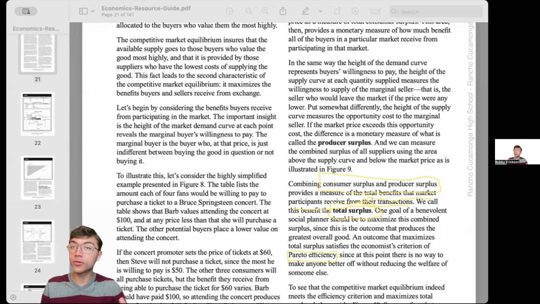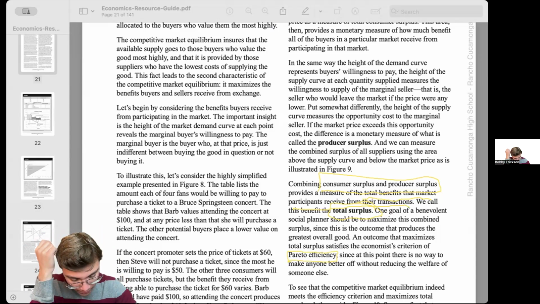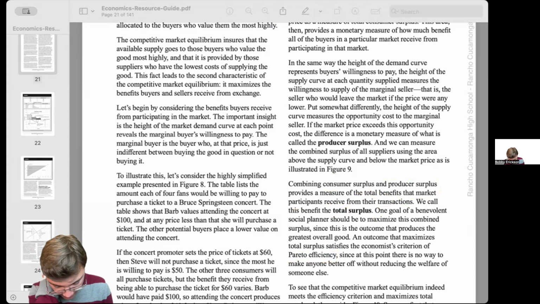So all of the resources that we have are being put to use. And so we are at Pareto efficiency there. It puts it very nicely here where it says there is no way to make anyone better off without reducing the welfare of someone else. So maximizing total surplus satisfies the economist's criterion of Pareto efficiency.